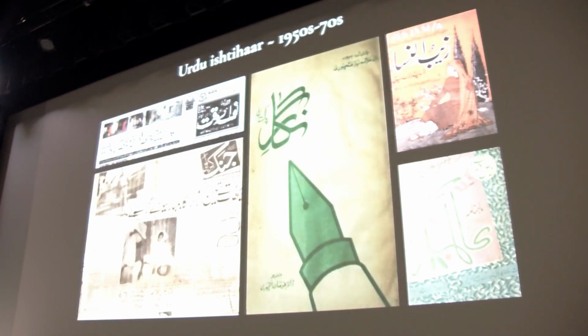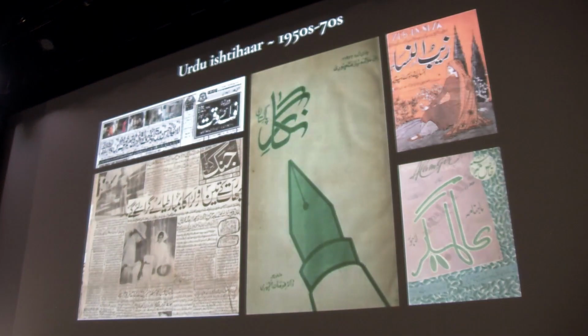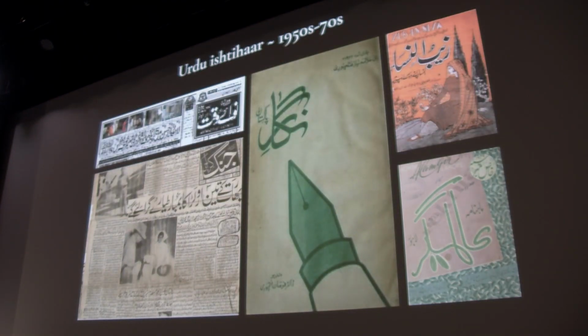We see, when we start seeing Urdu in ishtihars, meaning advertisements, during the 50s, 60s, and 70s Pakistan, the same hegemonic authority that we just talked about moves into consumer culture now. So the national language becomes a voice of what Muslim identity looks like after independence, but also not just for the Pakistani citizens, but for the Pakistani consumers.